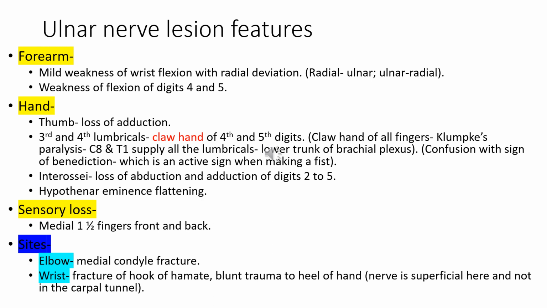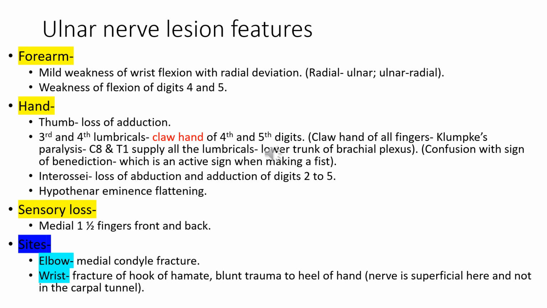Now about the sites of ulnar nerve damage. Ulnar nerve may be damaged at the elbow joint, and this happens especially in medial condyle fracture. It may be damaged at the wrist joint due to a blunt trauma to the heel of the hand.